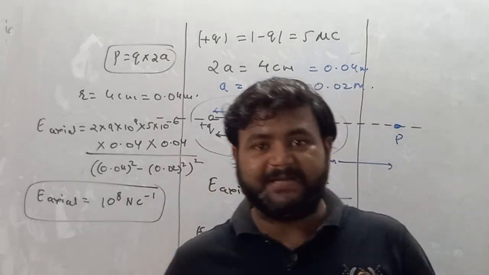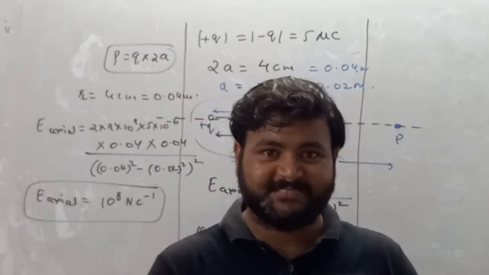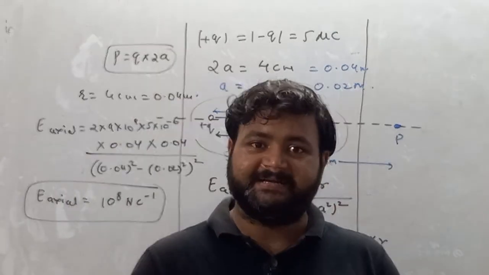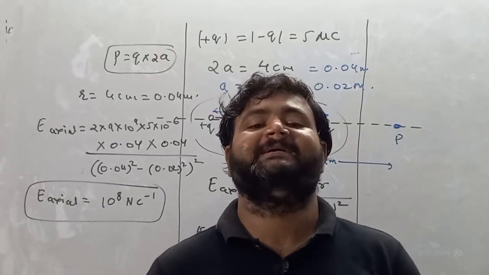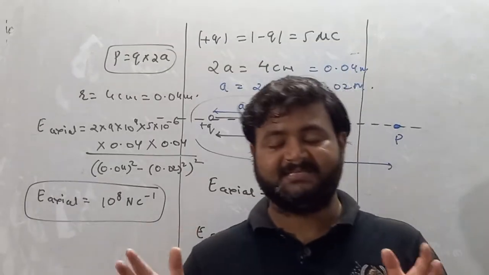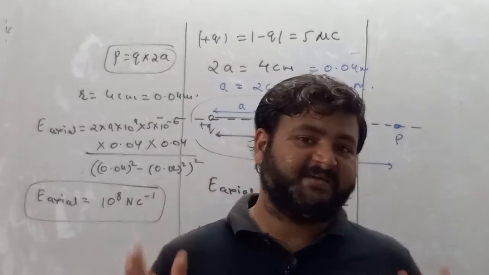Once we complete electric field due to continuous charge, then one part of this chapter will be completed. Then we'll step up with next topic, which is electric field lines. This electric field lines concept is very easy.